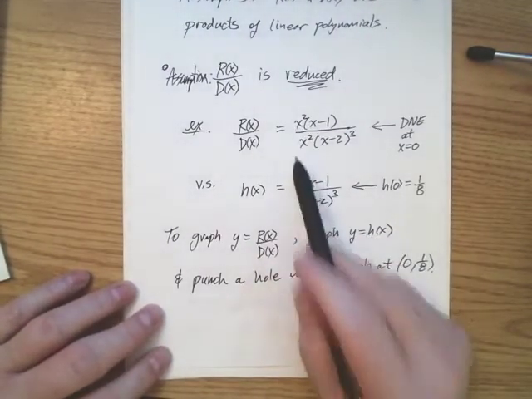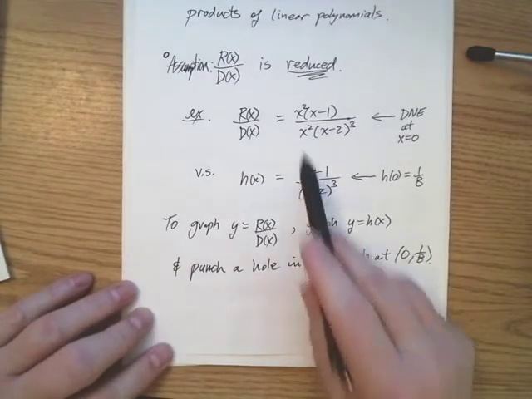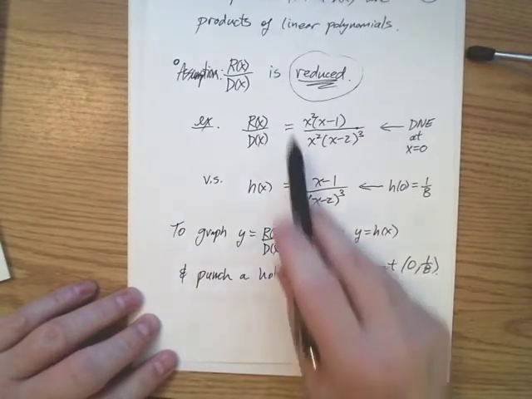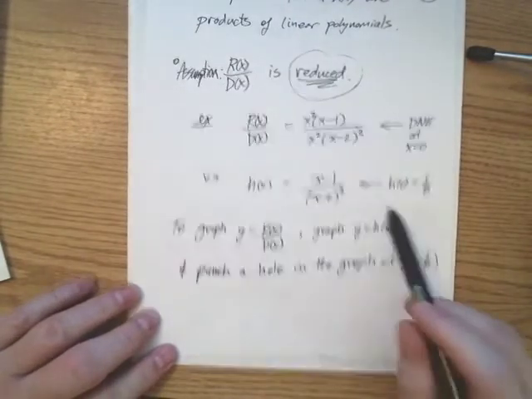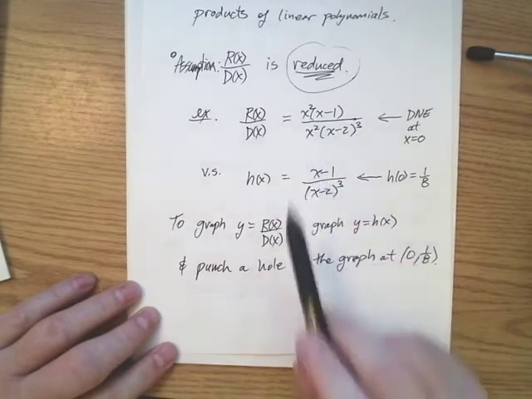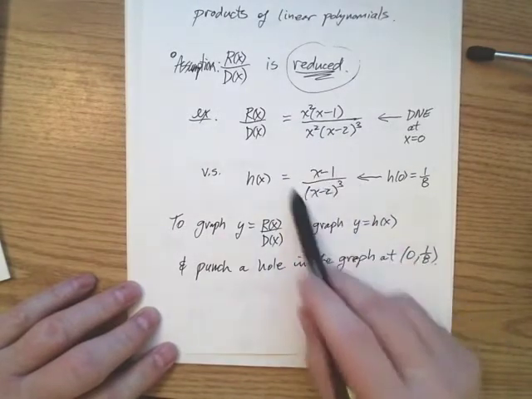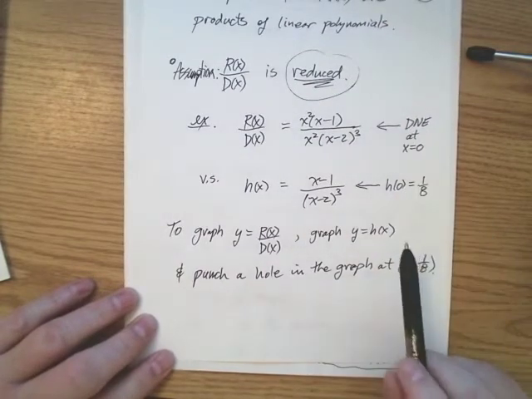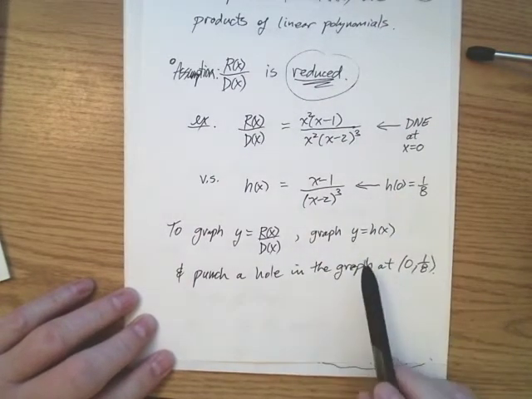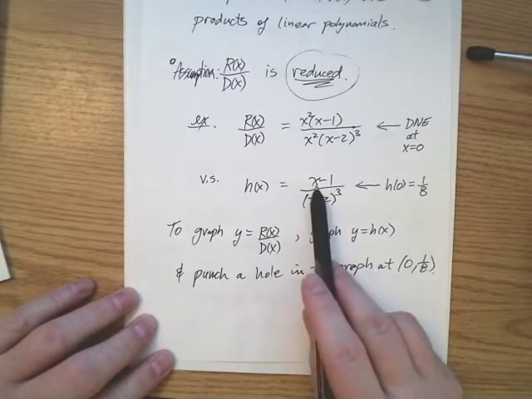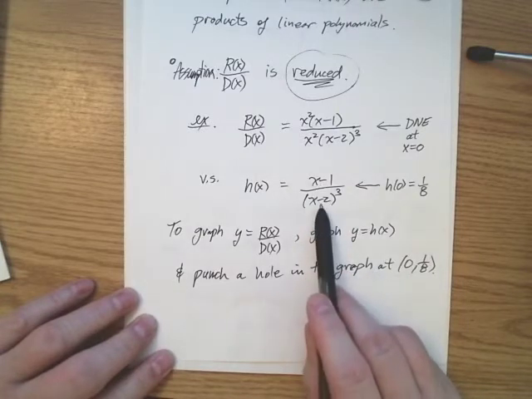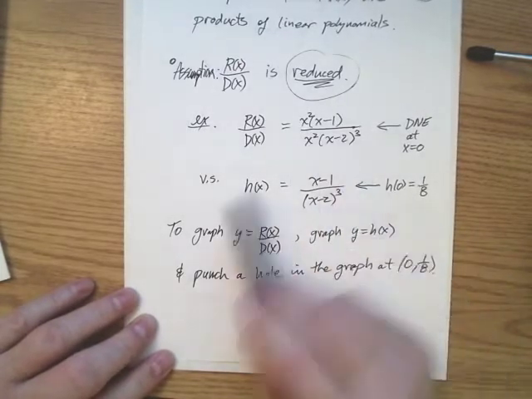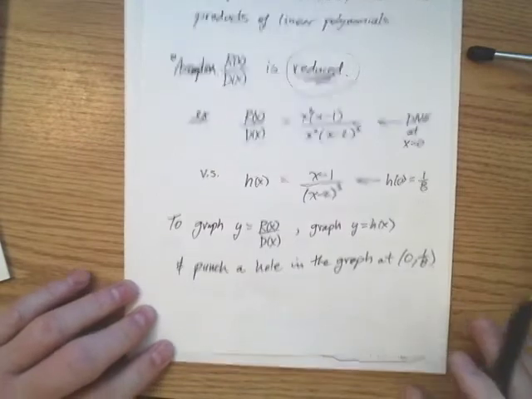If you did cancel those out, then you would get a related function, which is reduced. But there's actually a difference between these functions, because once I divide out the x squareds, this reduced function actually exists at 0. If I let x equal 0 here, I actually get negative 1 over negative 8, which reduces to 1 over 8. This function exists at 0. This does not. So there's a difference between the two, isn't there?